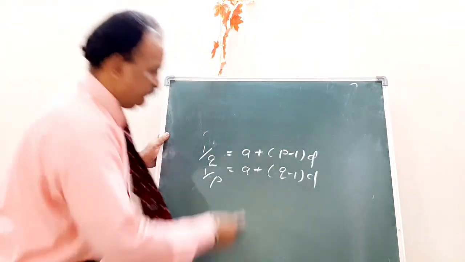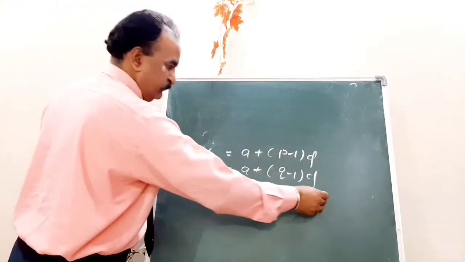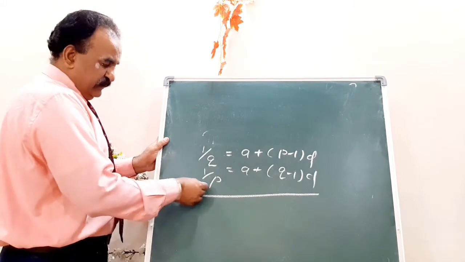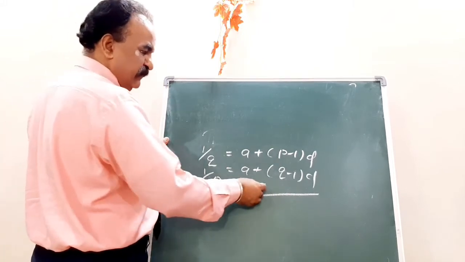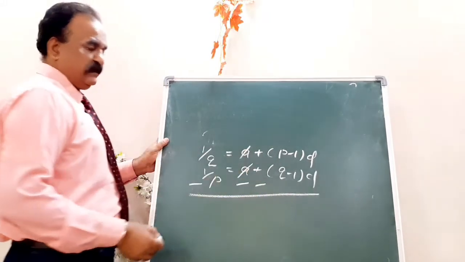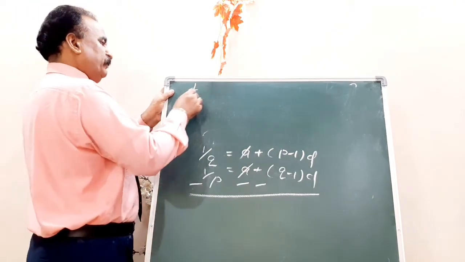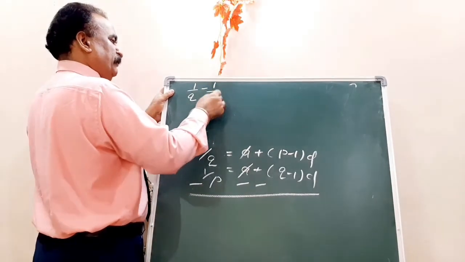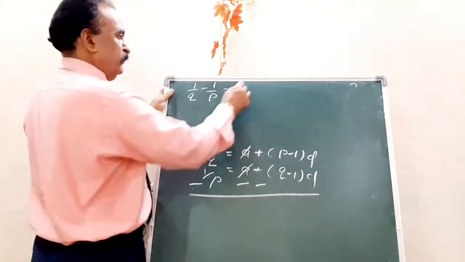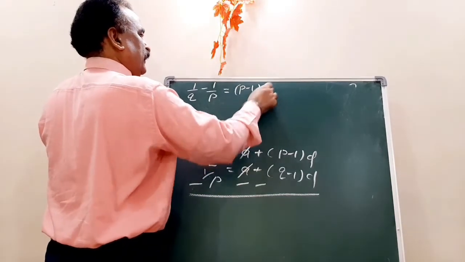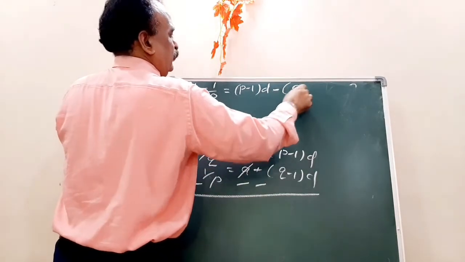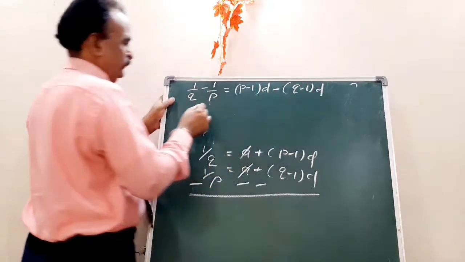What you will do, just subtract here. When you subtract, it becomes minus, minus, minus. These two terms will get cancelled. So 1 upon q minus 1 upon p is equal to p minus 1 into d minus q minus 1 into d.